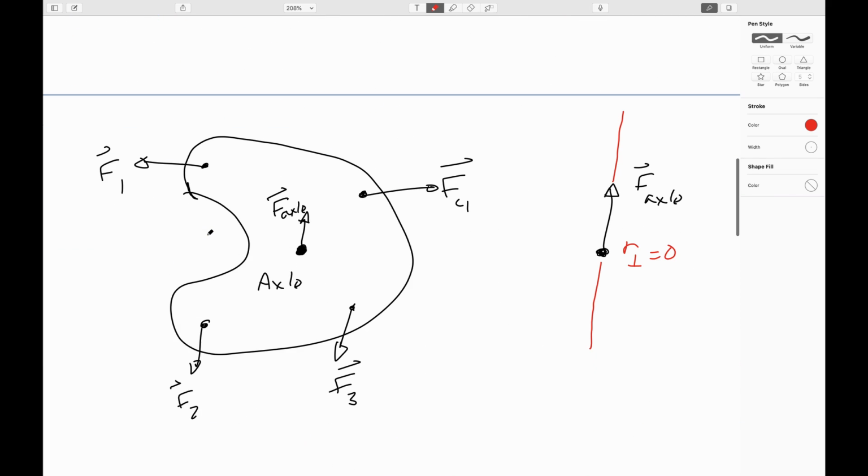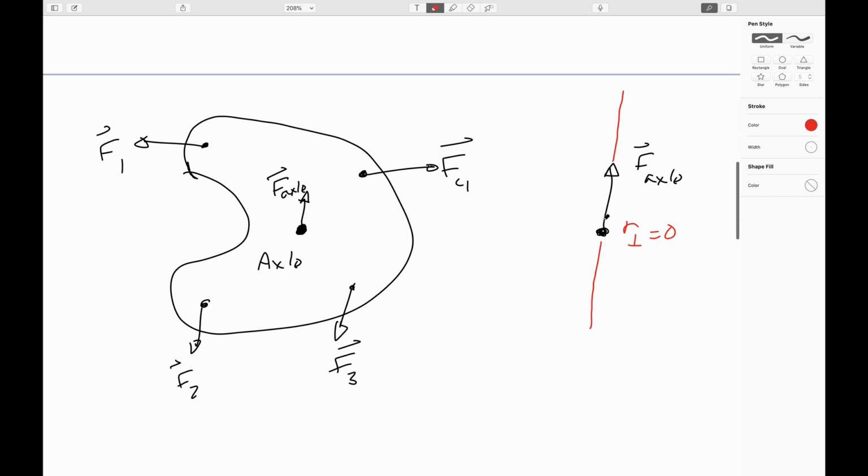Here, the line of action goes right through the point of application. So the shortest possible distance from right through the axis. So the shortest possible distance between the axis and the line of action is, well, 0. So we can write that R perpendicular is 0.